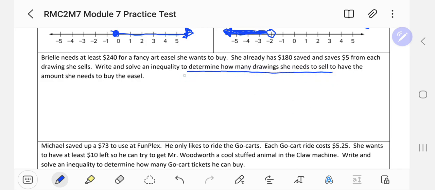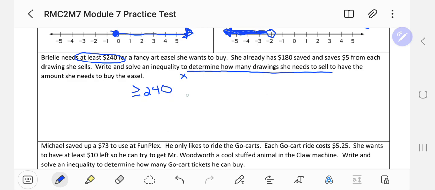So I like to define a variable first, so we'll call it x. Then I like to look for that inequality statement somewhere in there. Ooh, I think I see it. I'll circle that. At least. So the lowest is 240. I'm guessing that you guys were able to pick out the correct symbol for that. So greater than or equal to 240.